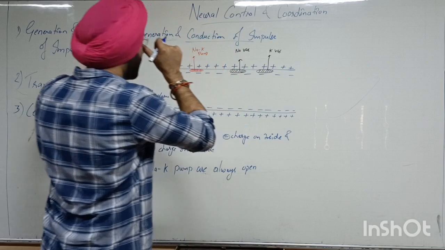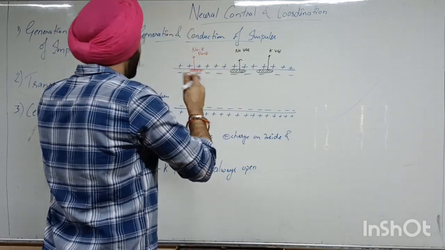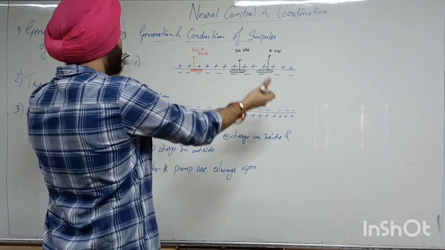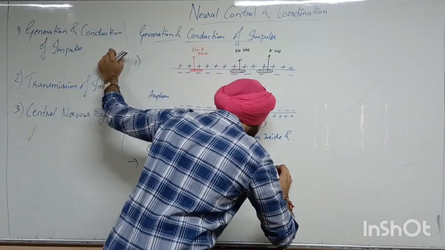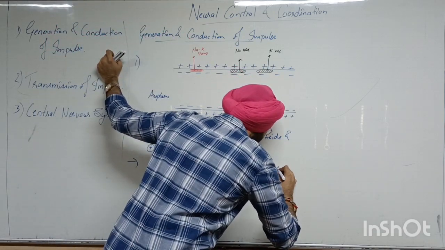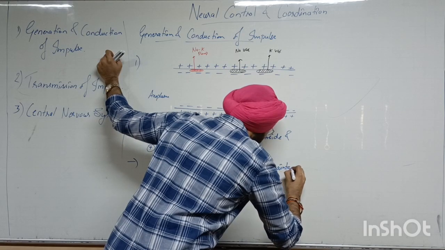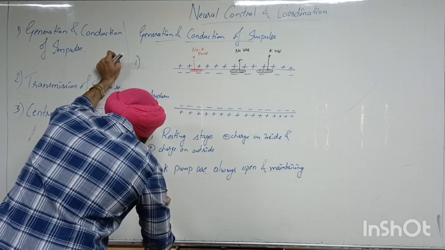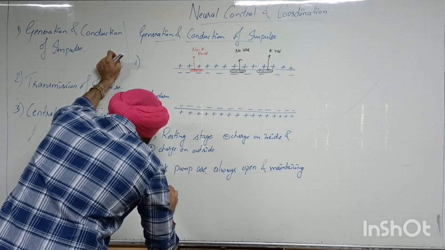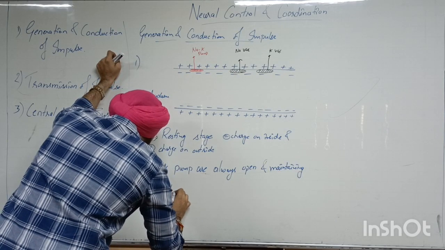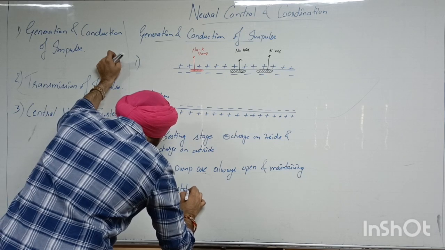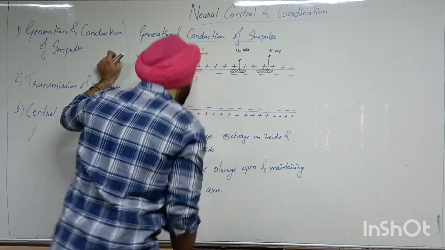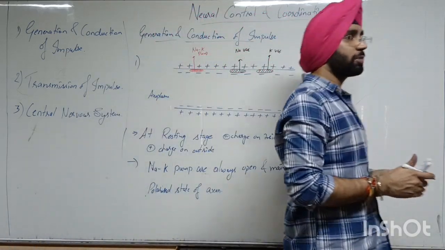So sodium potassium channels are always open, and they are just maintaining this state known as the polarized state of the axon. So you can see, this phase is known as the polarized state.